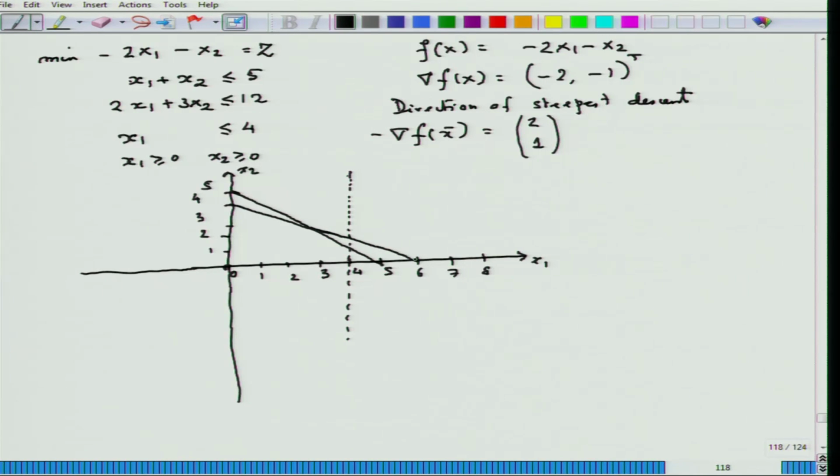Right. Now, what is my feasible set? My feasible set is this one. So, now I will rub the parts which are not in the feasible set. So, you will see the complete feasible set.